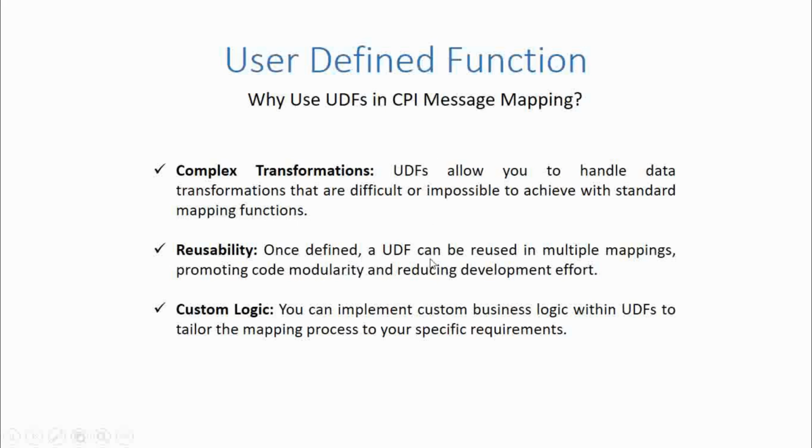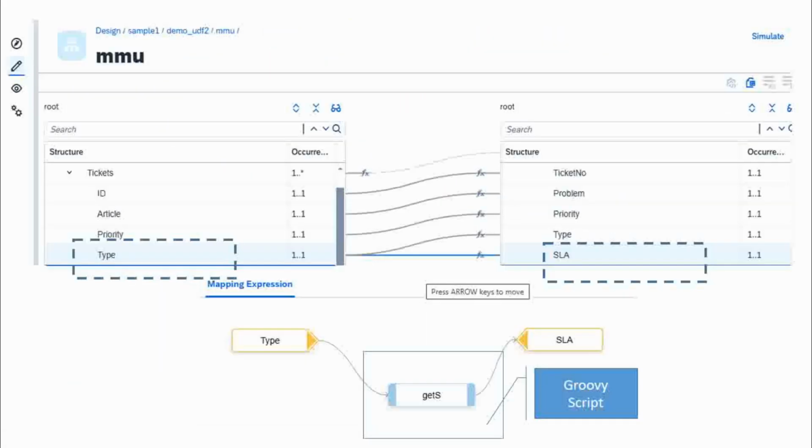Once you define the UDF, you can put it in a common place, and you can use that same function for multiple iFlows also. And as you know, it is a custom defined logic, right? Now we will see how to create this custom defined function and how to use that inside the message mapping.